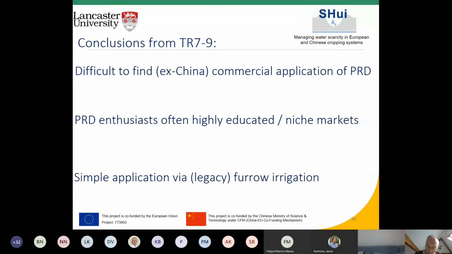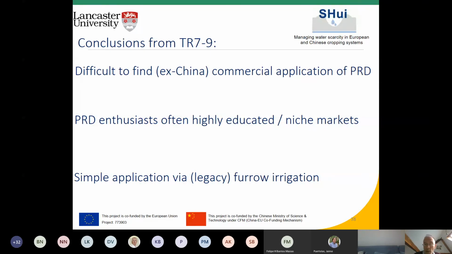Having said that, given that furrow irrigation is still relatively widely applied in some parts of the world because of the lack of infrastructure investment in drip irrigation or other forms of localized irrigation, I think alternate furrow irrigation or partial root zone drying is a technique that can be widely applied if the advantages or benefits can be adequately demonstrated to growers.